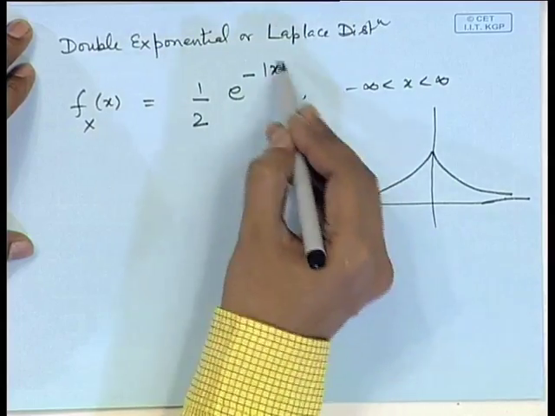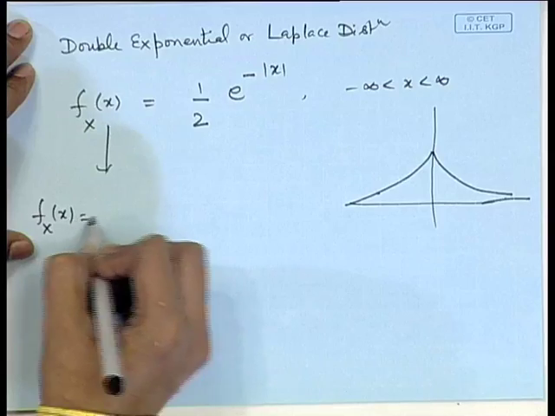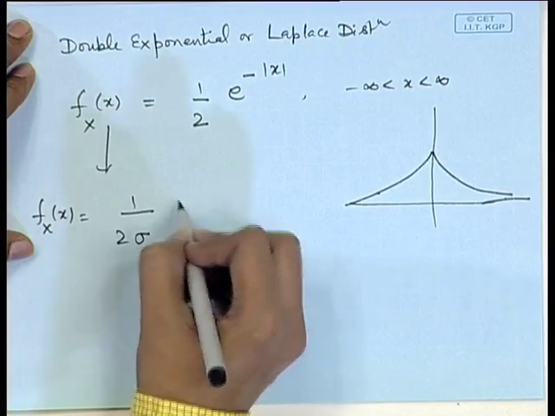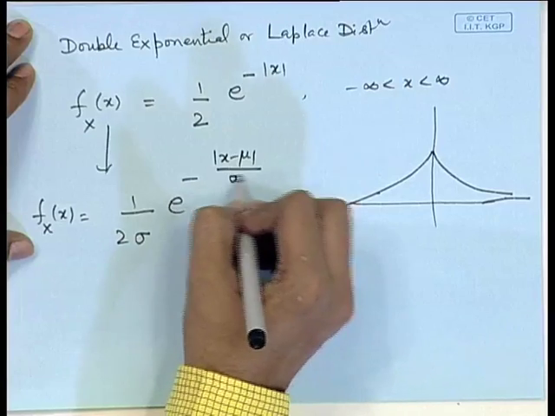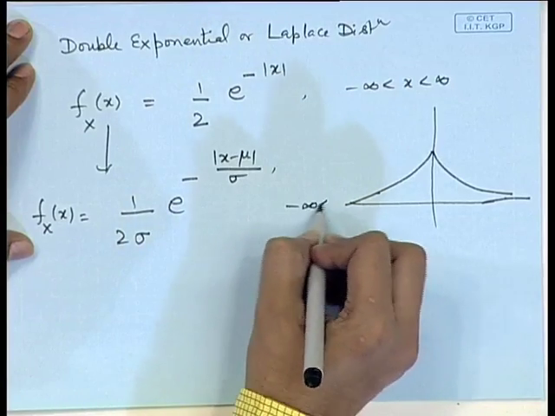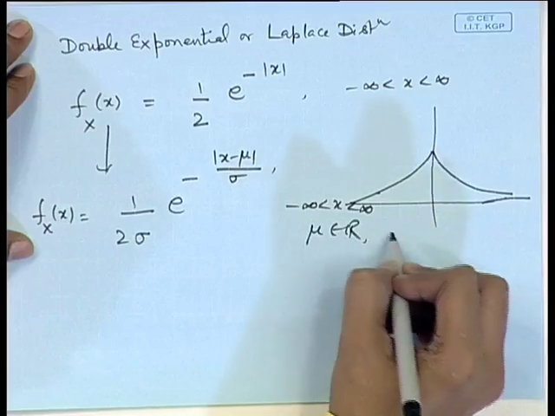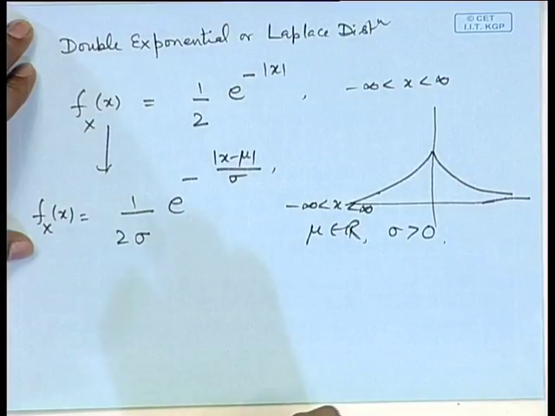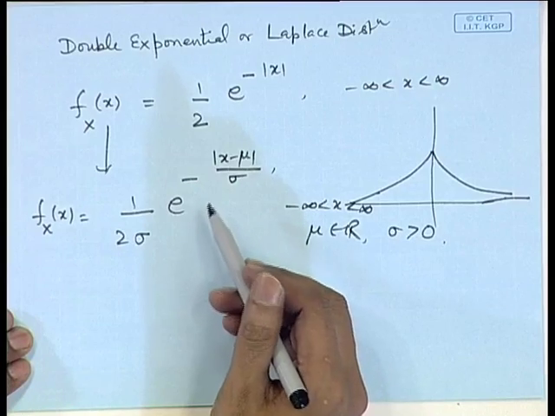Of course, we may introduce parameters here, we may consider 1 by 2 sigma e to the power minus modulus of x minus mu by sigma, where mu is real and sigma is a positive parameter. So, this is known as a double exponential distribution.